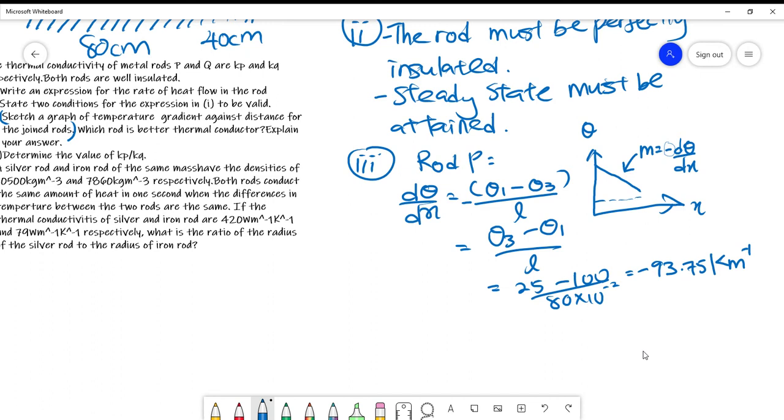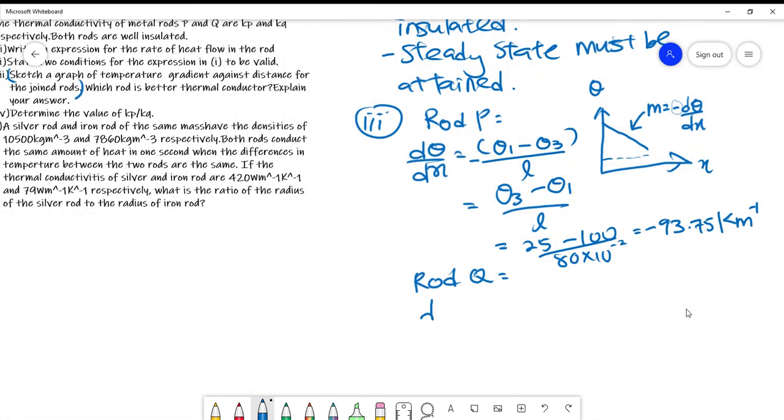So what about root Q? For root Q, what we have here is negative d theta over dx, of course. So this is negative 2 minus negative 3. Is it correct?